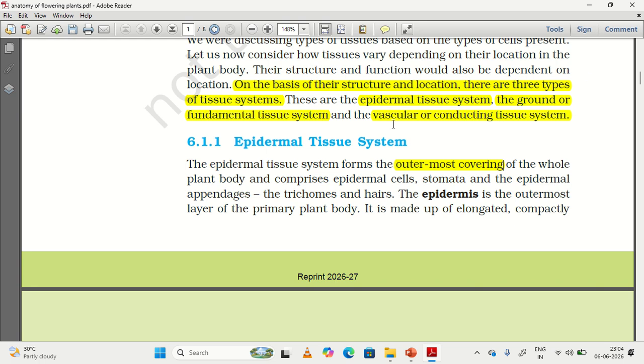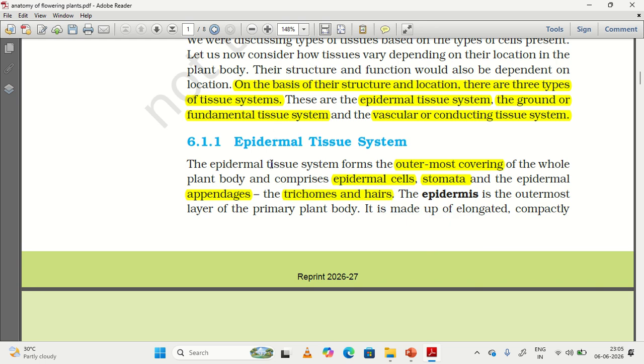So the epidermal tissue system forms the outermost covering of the whole plant body, and it comprises the epidermal cells, stomata, and other epidermal appendages, like the trichomes and the hairs.